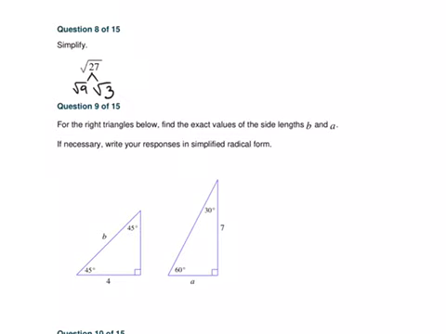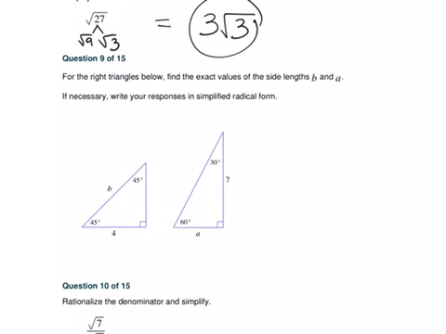Since 27 is the same thing as 9 times 3, or the factors of 27 are 9 and 3, and 9 is a perfect square, we know that the square root of 9 is 3, so we put it out front, and then we're left with the square root of 3 still. So that's how we would rewrite the square root of 27. And that's called simplifying a radical. So you've got to remember how to do that for the test. Not necessarily have a question on the test like that, but remember how to do it.